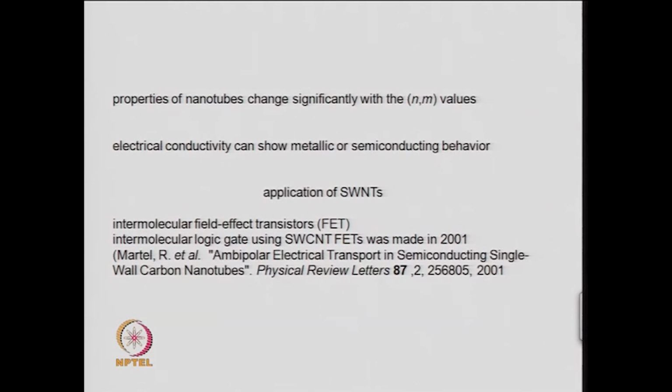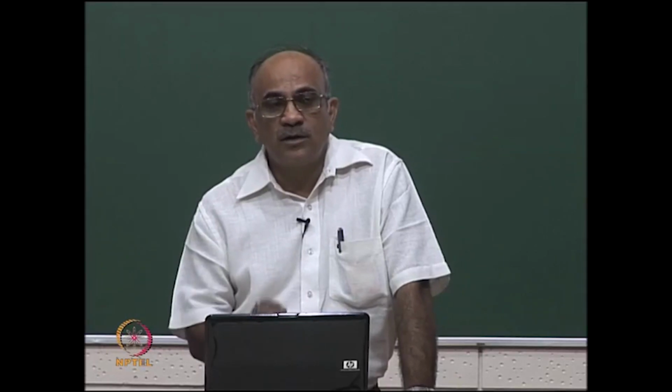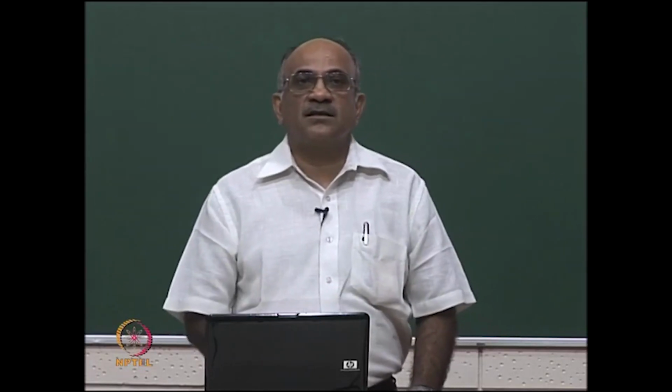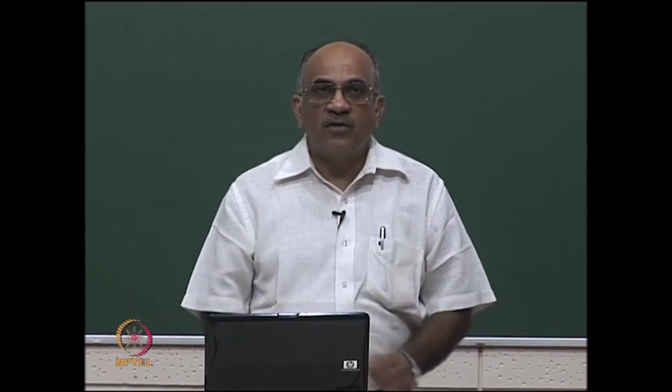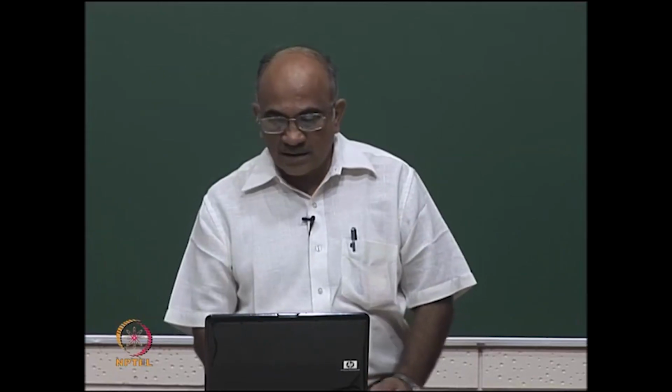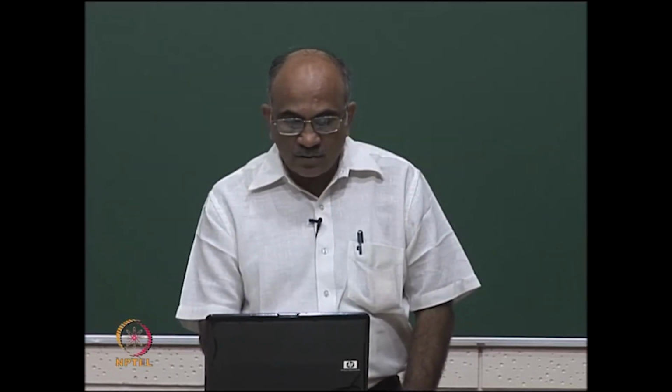One of the first applications was a molecular field effect transistor, and this was made in 2001 by IBM, who showed that if you use these carbon nanotubes, you can make molecular field effect transistors, which is a great invention, because you are lowering the size of the transistor. From a normal transistor, one molecule is being used as a transistor, and this was done in 2001.